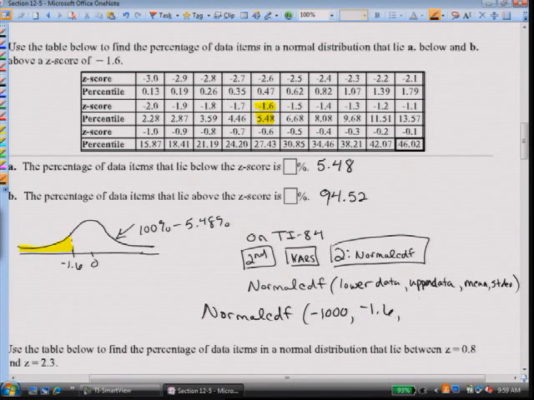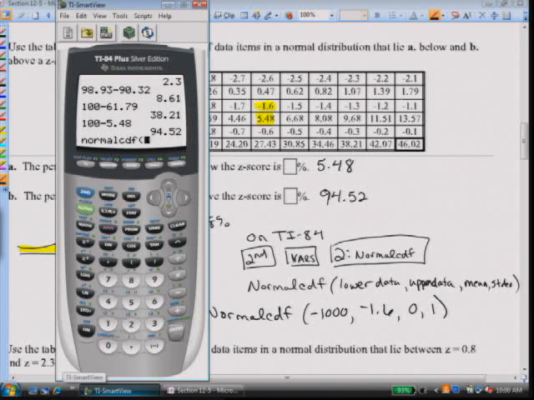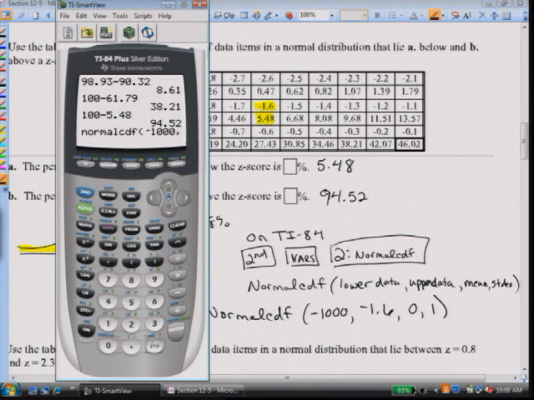And then the mean for the standard normal distribution is 0, and the standard deviation is 1. Now be sure to use the negative and not the minus. Negative 1,000, comma, negative 1.6, comma, 0, comma, 1.